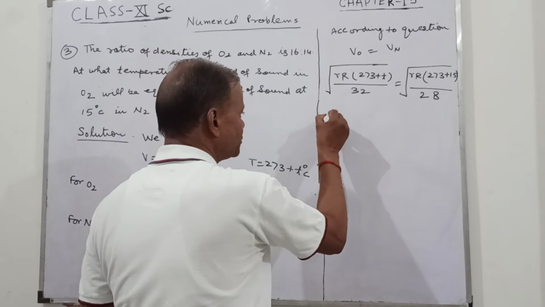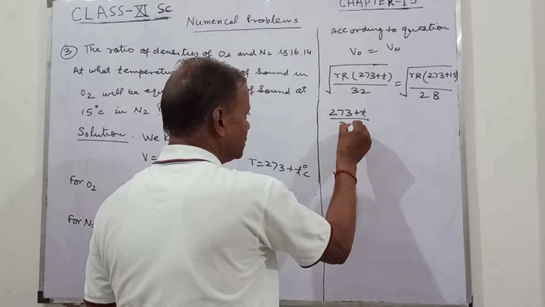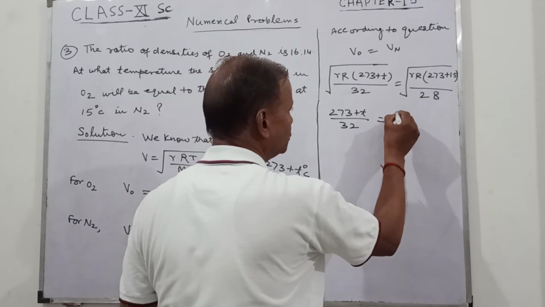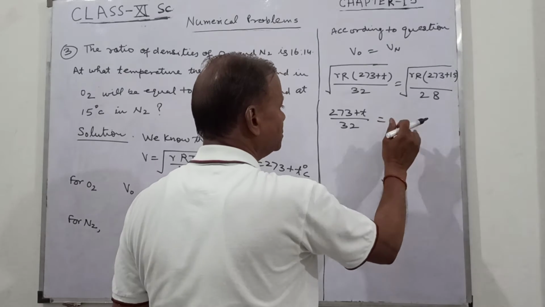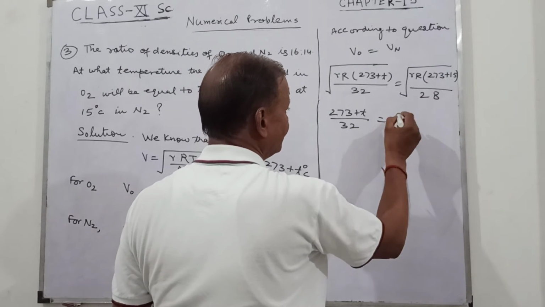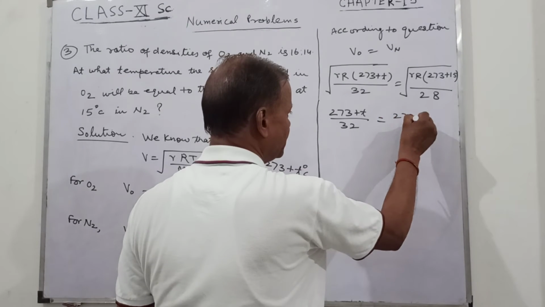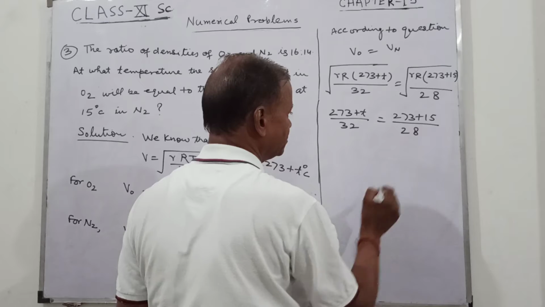So we have 273 plus T upon 32 equal to 273 plus 15 upon 28.